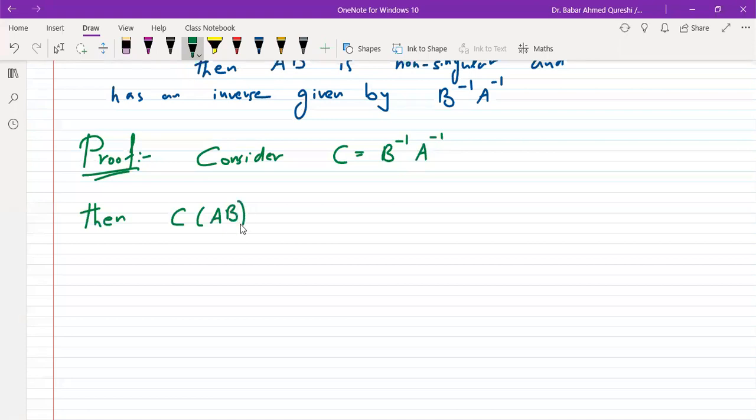The idea is that if you get identity back, then this matrix C is the inverse of AB. Now the associative law comes very handy. I can change the order of these brackets.